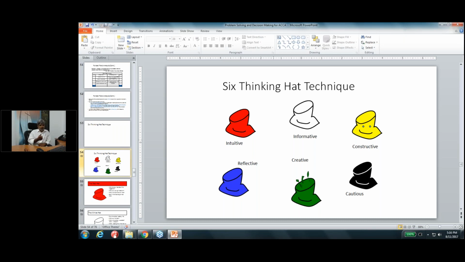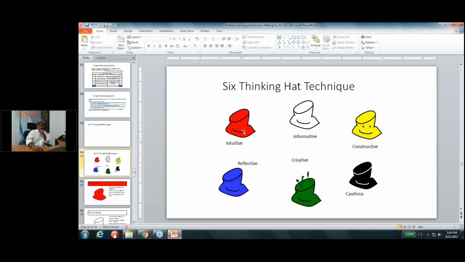So the idea is that whenever you put on a particular hat, you need to mold your thinking style in that very approach. So there are 6 hats.